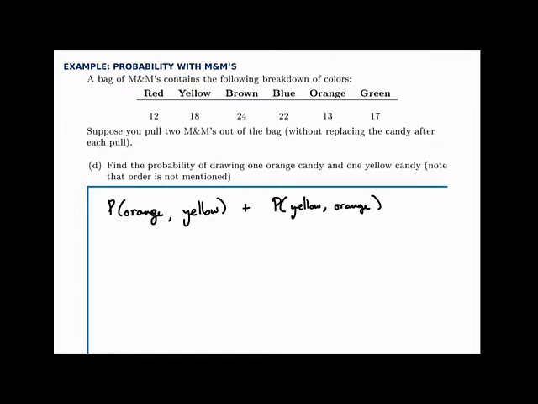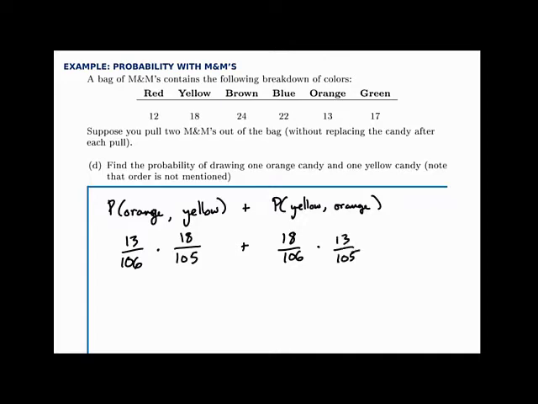So for the first one, first drawing an orange, there are 13 out of 106. And then to draw a yellow, there would be 105 total. And if we drew an orange the first time, all the yellows would be left in the bag, all 18 of them. Then on the other hand, if we draw a yellow first, there would be 18 out of 106 times all the oranges, 13 out of 105.